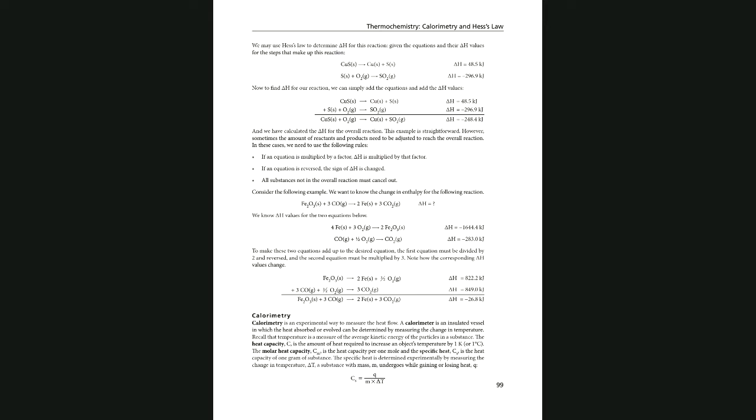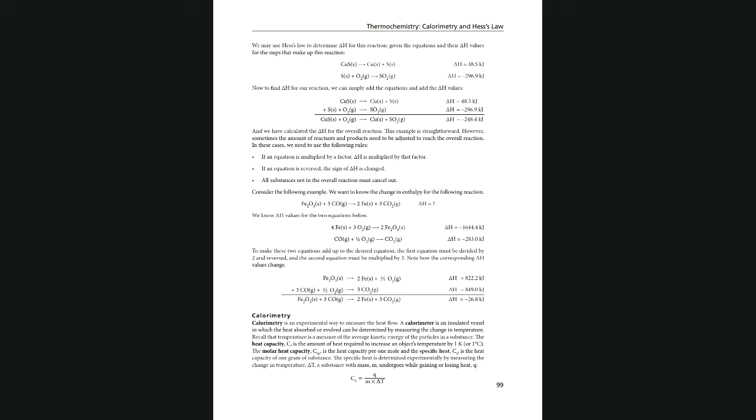Sometimes you have to rearrange your reaction. You can reverse it, multiply by 2, or divide by 2 to get half of the reaction. You can cancel the like terms from both sides of the equation so that you end up with the desired reaction.